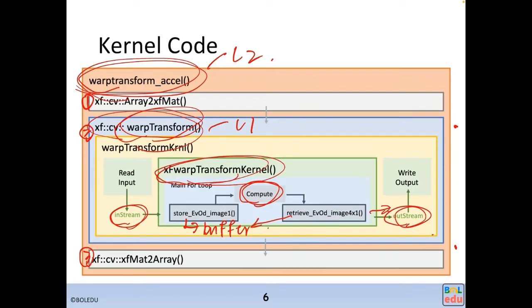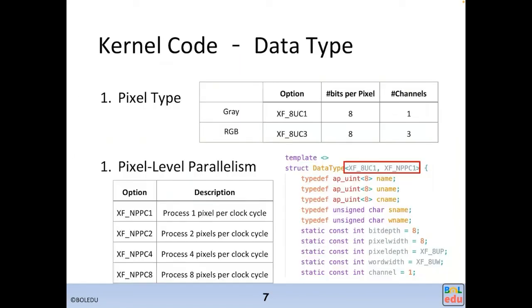This is some special data types defined in this code. The first one is pixel type, and there are many of them, and we only list two of them here.